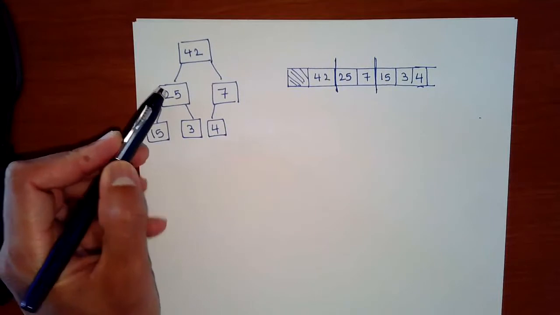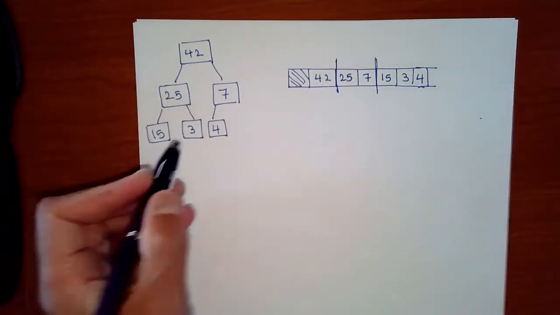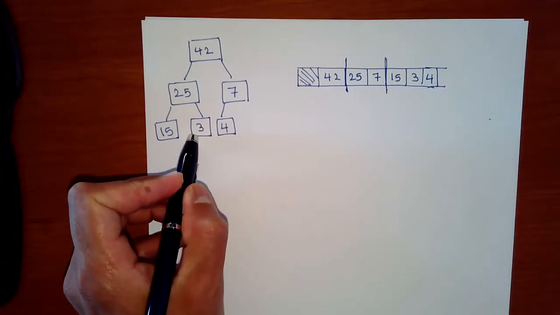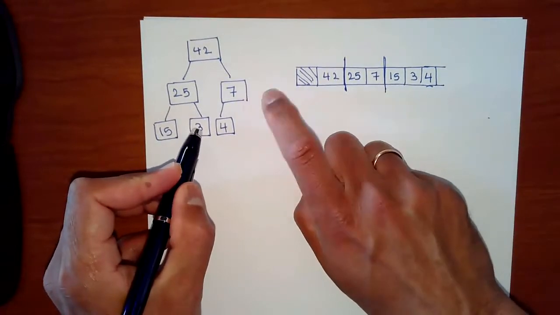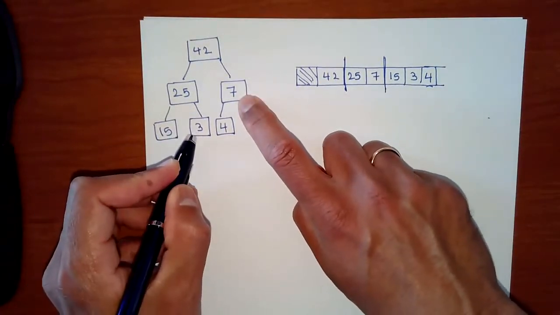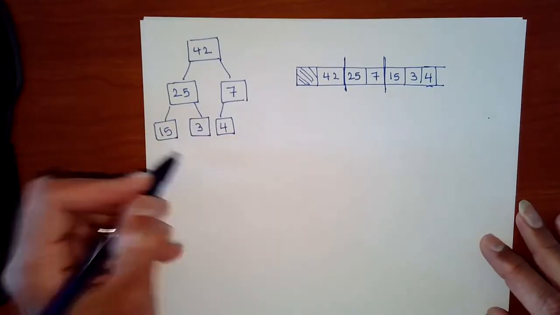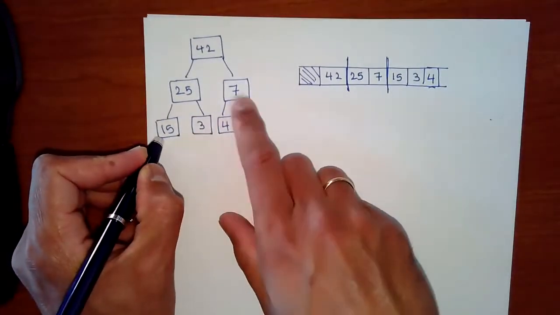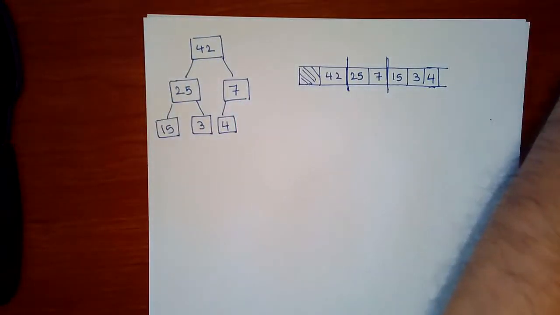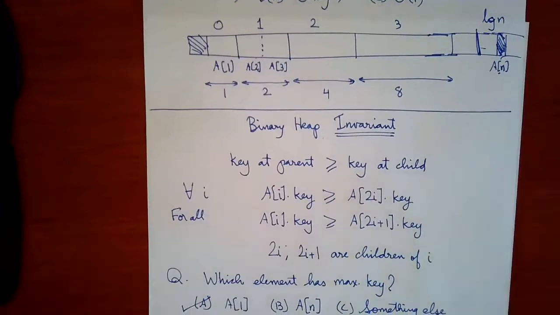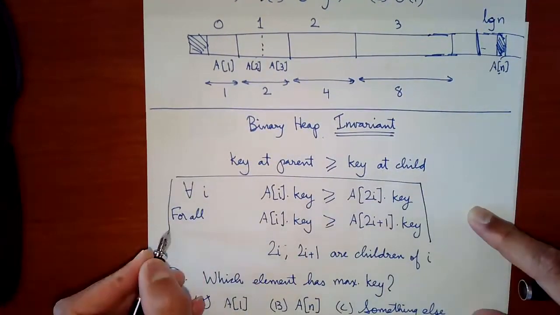The invariant doesn't say anything about it. The invariant also doesn't say anything about, like, individuals and uncles or nieces or anything like that. You could think of this as like, 7 is the uncle of 3, or the aunt. But there's no relationship there. The only property is the heap invariant. This is the only property. All right, so I'm just going to put that in a box.